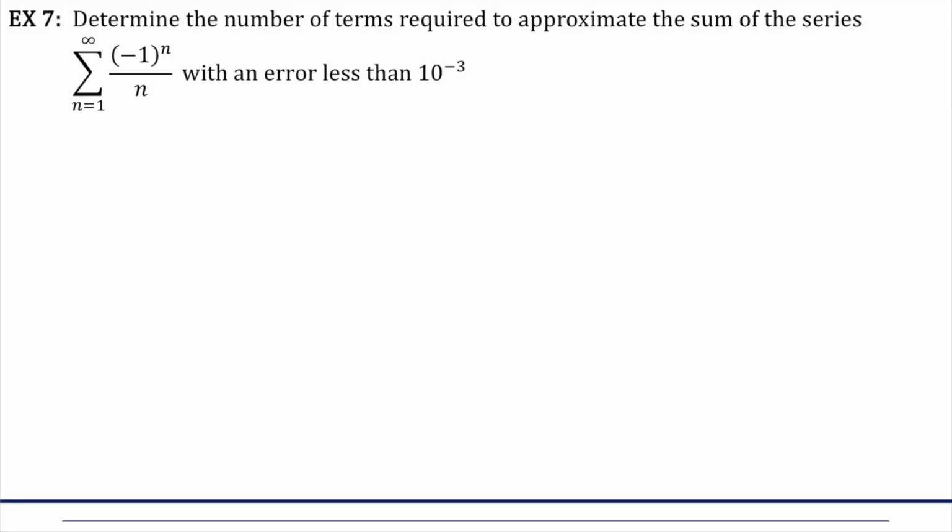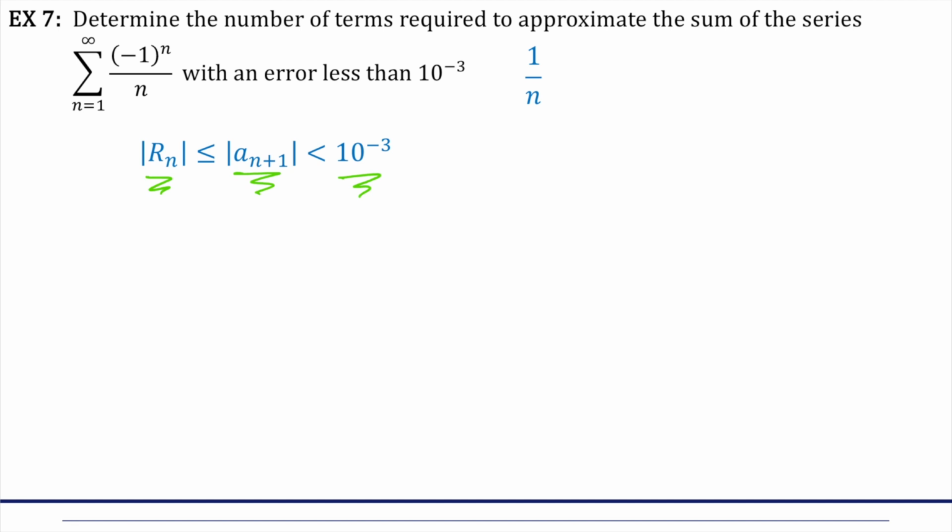Example 7. Determine the number of terms required to approximate the sum of the series. So I know I can't get to the sum of the series, but I want to get really close. I want to get so close that I know that I'm within 1/1000th of the actual sum. So what I know is the remainder is less than or equal to the next term, or the first unused term, and I want that to be less than 10 to the negative 3.